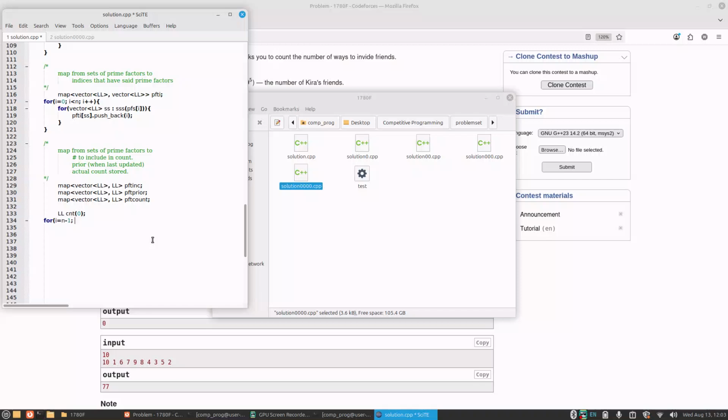N minus 1, i is greater than or equal to 2, i minus minus. First, we have to update all that. That is PFT in, PFT prior, PFT count. Yeah, it's PFT, not PTF.